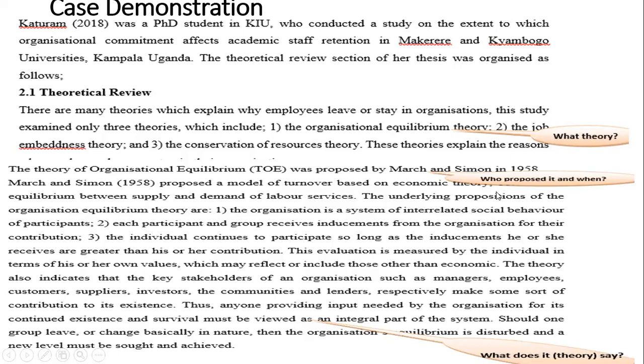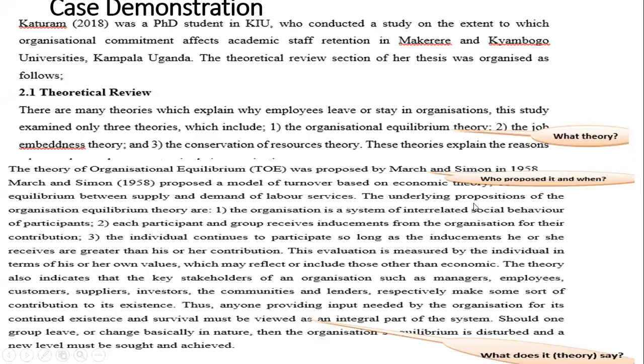This student said that the study was going to examine 3 theories, and each theory's name was mentioned clearly: the organizational equilibrium theory, the job embeddedness theory, and the conservation of resources theory.